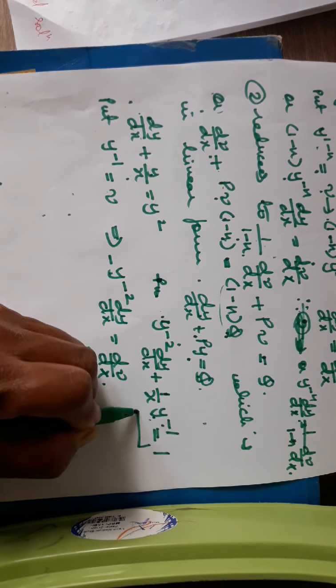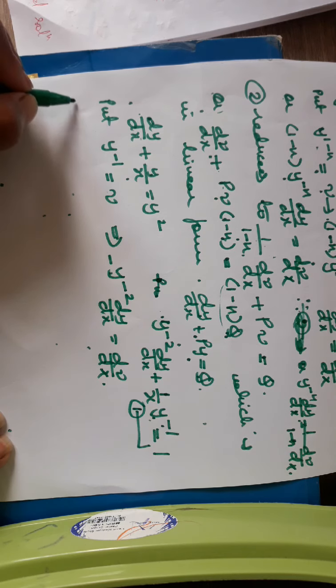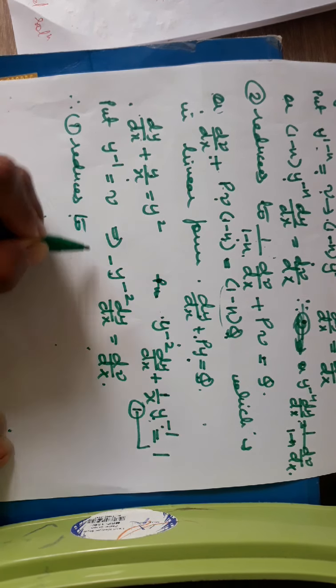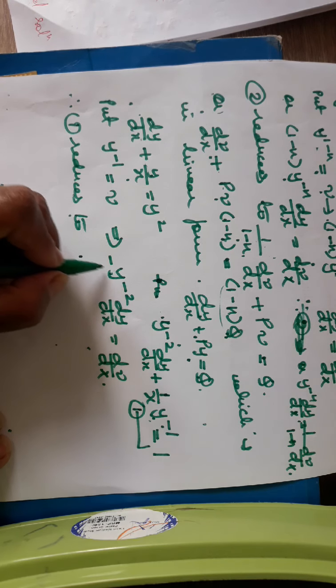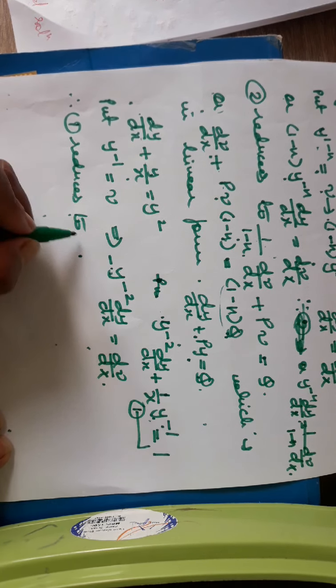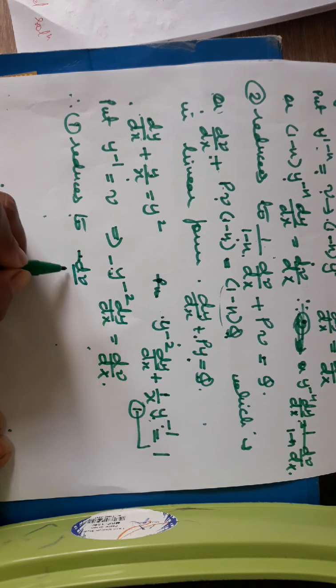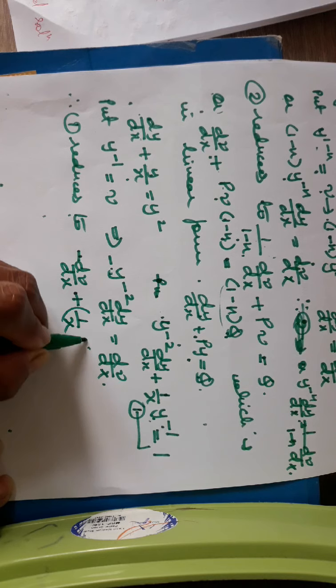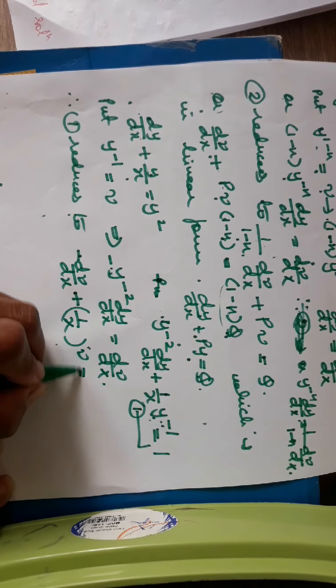Therefore this equation, now name it as equation 1, reduces to minus dv/dx plus 1 by x into v is equal to 1.